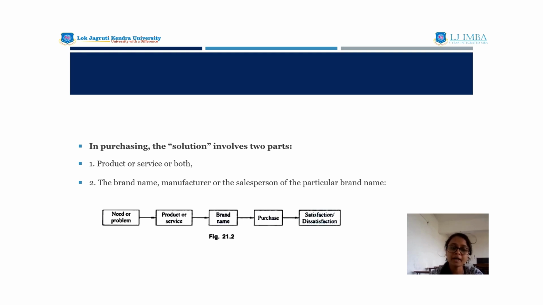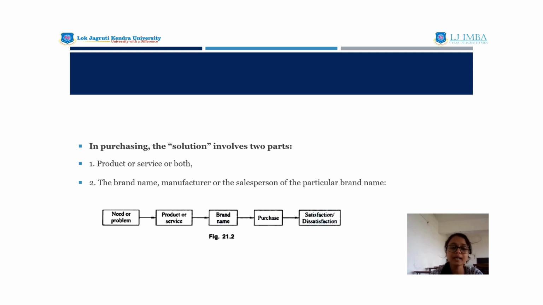So there were various products that would help me fulfill my needs or problems. Among those, which product is the best one? I'll go for a mobile phone, right? In mobile phones, there are various brands. It could be Samsung, Vivo, or iPhone.